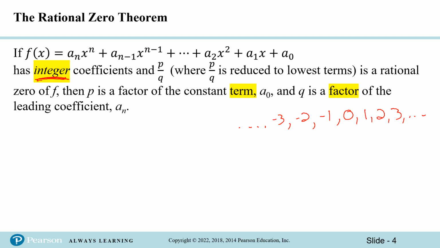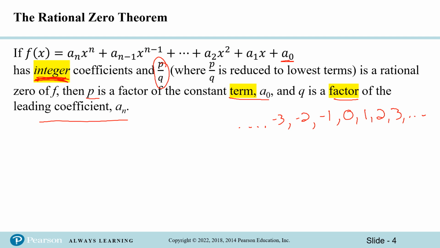It needs to have integer coefficients. And P divided by Q is a rational zero. Then P is a factor of the constant term here, and Q is a factor of the leading coefficient. Okay, what does that mean?